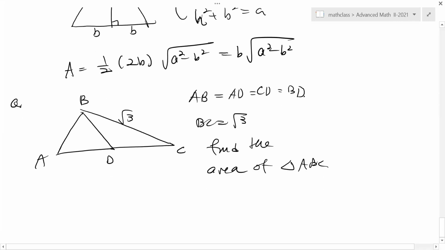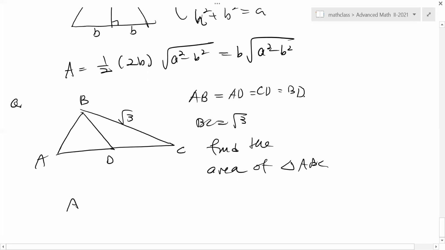So how about this problem? You want to find the area of triangle ABC. Now, I think the triangle is uniquely determined right now because one side is given. Okay. The question is how do you find the height? How to find A and B, right?